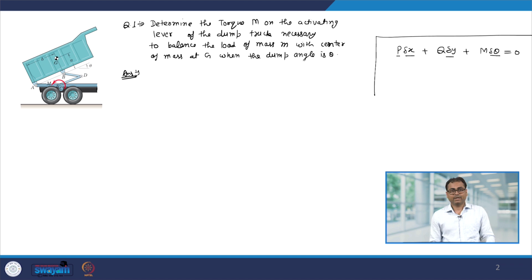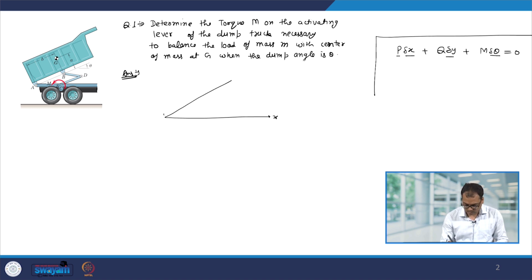First, let me make the free body diagram of this. Let us say this is my x axis, and this dump is making an angle theta with the horizontal, because it is given that this angle is theta.